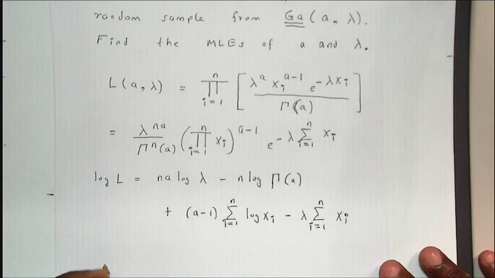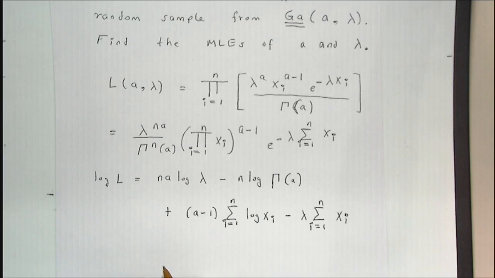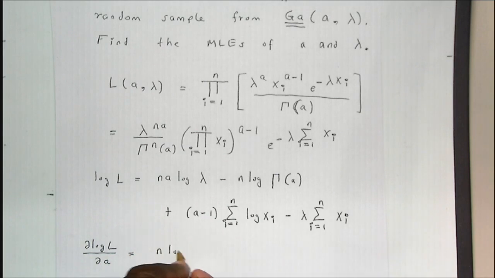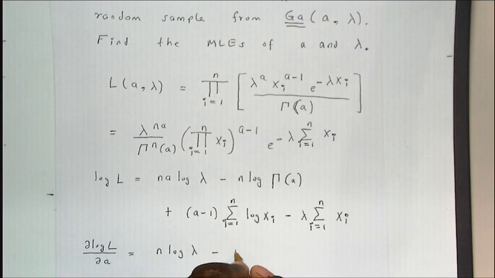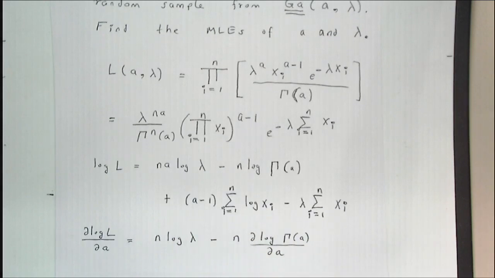Now, once again, we need to do a partial differentiation with respect to the two parameters. So first, I'm going to do the partial differentiation with respect to parameter A. So that will give you n log lambda minus n plus... okay.